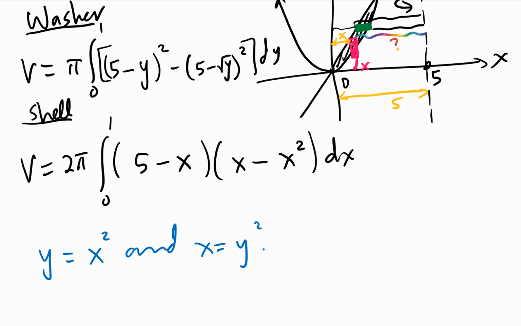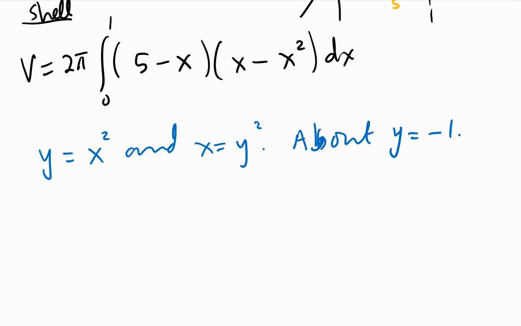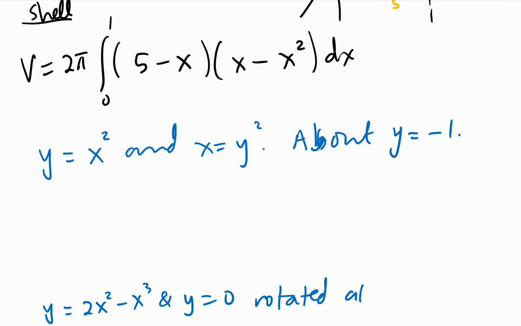And we're rotating this about, say, y equals -1. Set up the volume, and we will do another one, y equals 2x squared minus x cubed and y equals 0, this region rotated about the y-axis.